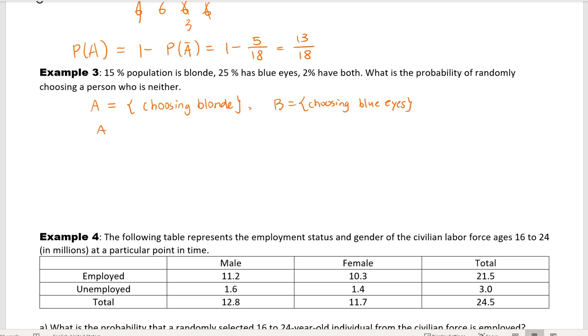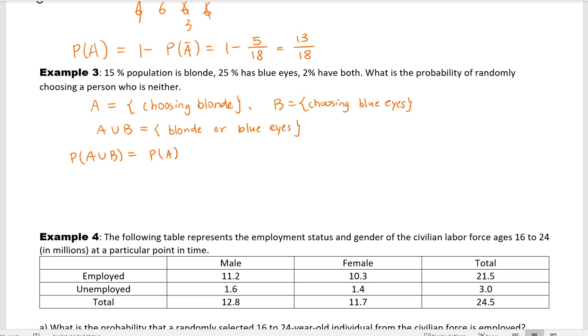Then A union B means the person is either blonde or blue eyes. Alright, so what's P of A union B?